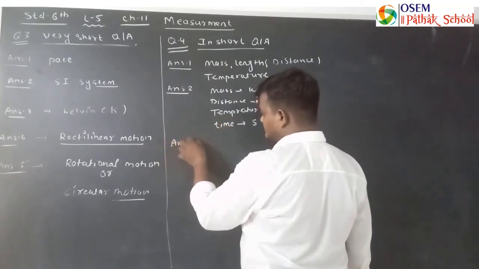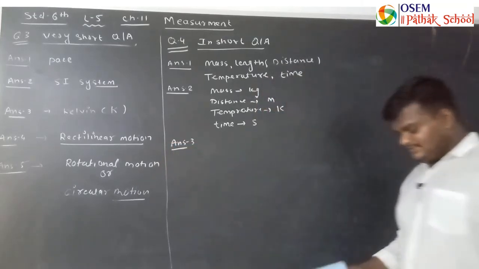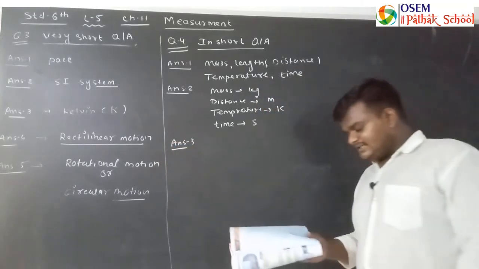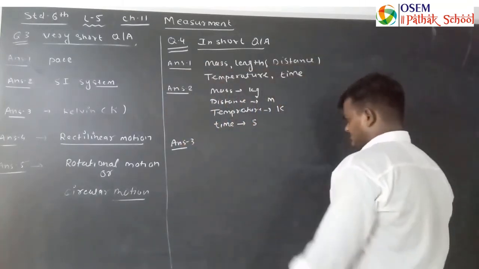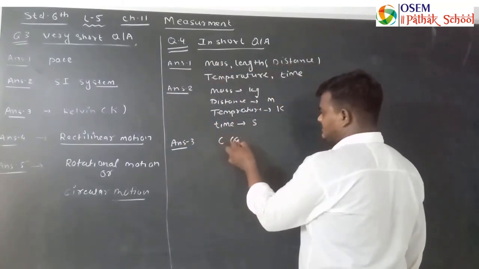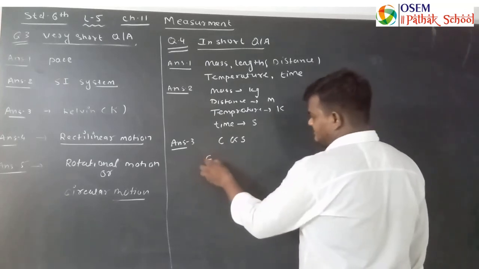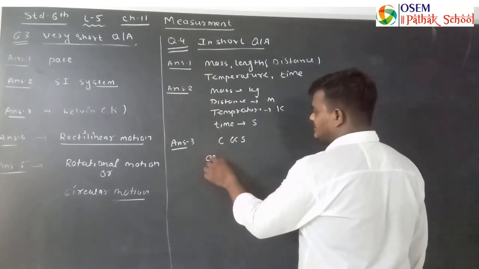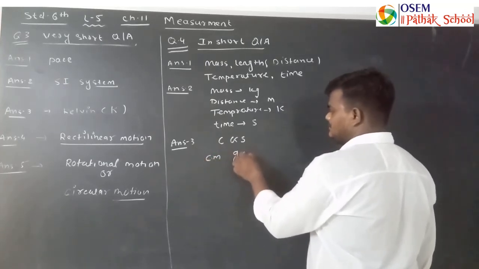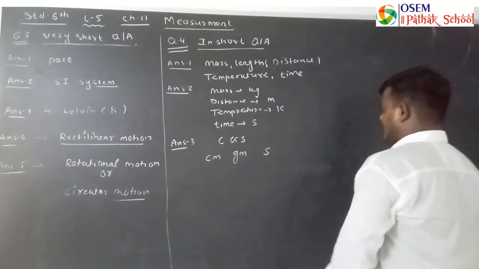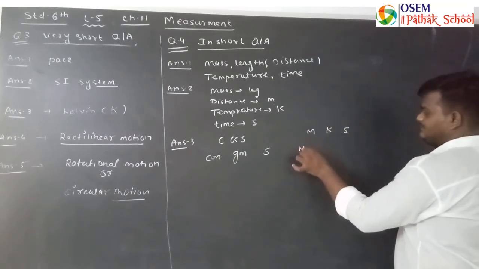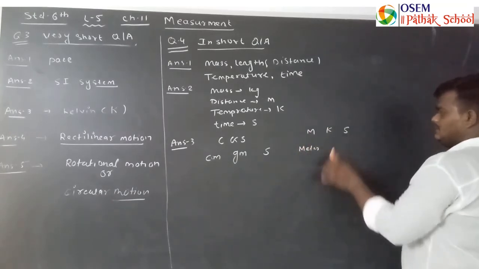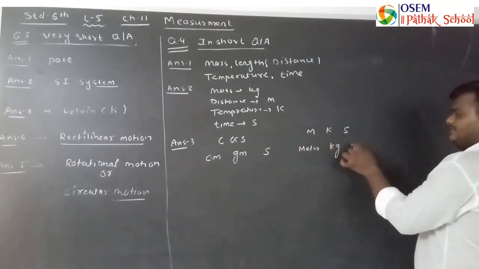Now the question number 3. What are CGS and MKS systems of unit? So CGS system represents centimeter, gram, second, and MKS represents meter, kilogram, and second.